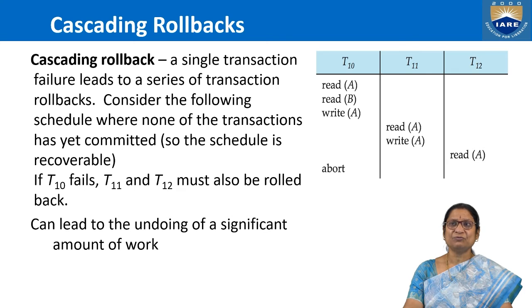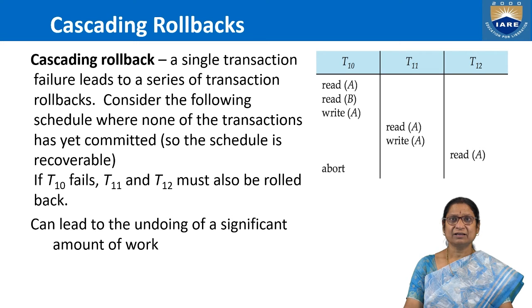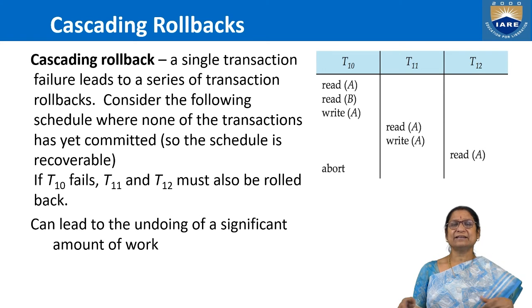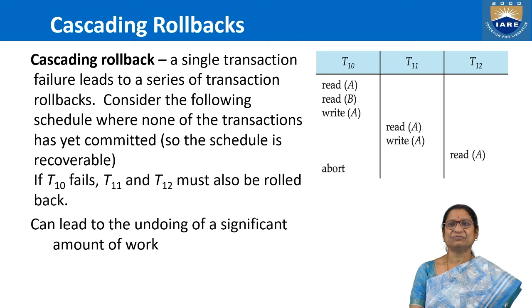While doing this type of rollback, there is cascading rollback. Cascading rollback means if any schedule is not recoverable, the possibility of cascading rollback occurs. That is, any single transaction failure leading to a series of transaction rollbacks is called cascading rollback. For example, in this example, T10 failed, aborted because of some software error or whatever.